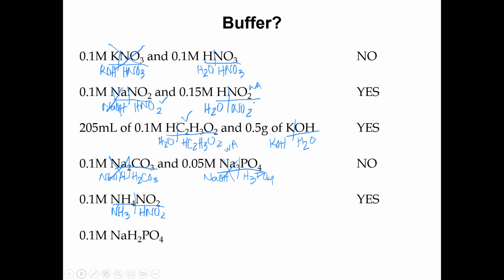For the last one, sodium would make sodium hydroxide, which would cancel because it would reionize. However, this dihydrogen phosphate could turn into H3PO4 or HPO4 negative 2. So that's one of those amphoteric ions that can act as both an acid and a base. So because that ion is present, that could also act as a buffer.